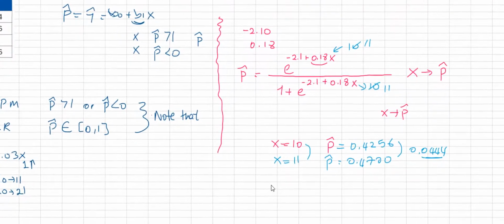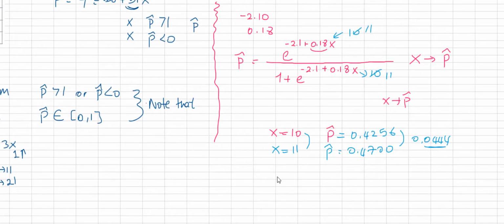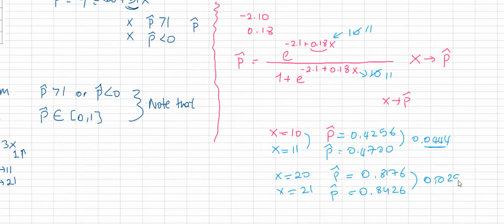And we can also calculate the increase in p-hat when x increases from 20 to 21. When x is 20, p-hat is 0.8176. And when x is 21, p-hat is 0.8426. So the increase in p-hat is equal to 0.0253.